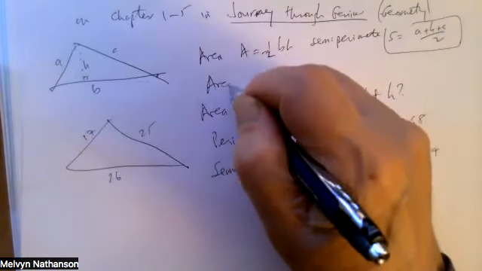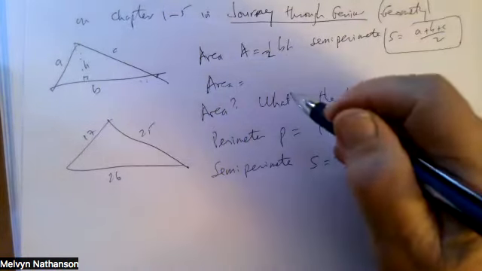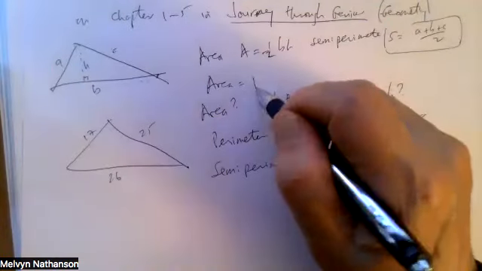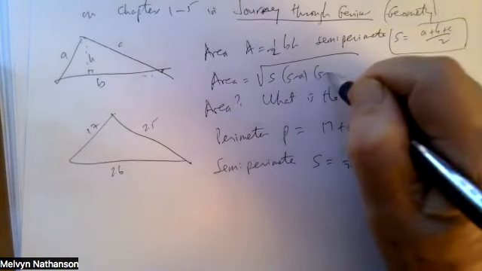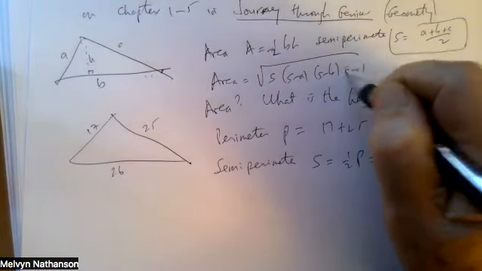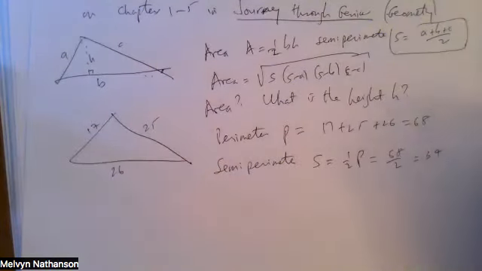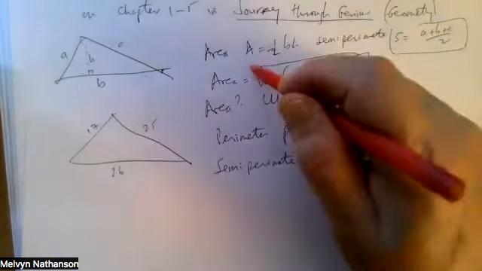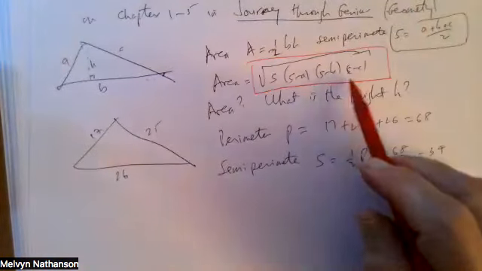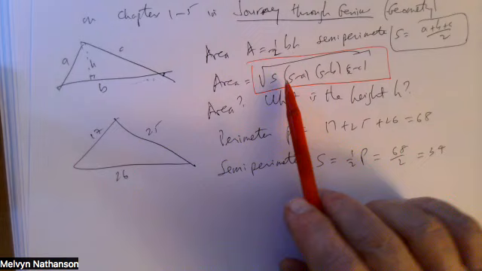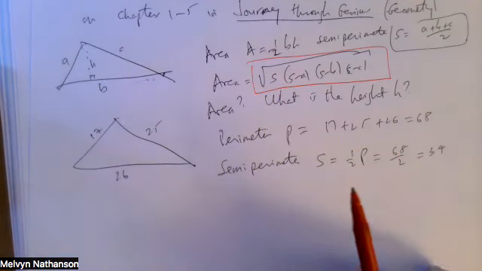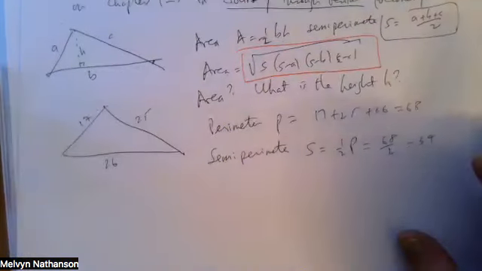And the area is equal to, and this is the magic formula, the square root of S times S minus A, S minus B, S minus C, where these A, B, and C, that's what you know. Those are the three sides of the triangle. So in Heron's formula, you only need to know the three sides of the triangle and you can calculate the area.